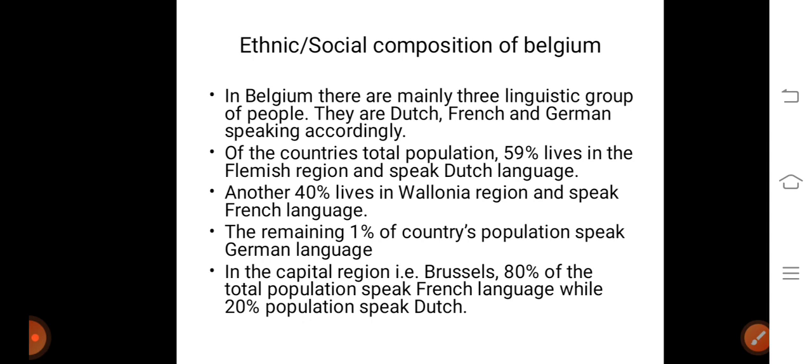What we can see from this information is that though the Dutch speaking people are a majority in the entire country, they are a minority in the capital city Brussels. This is the ethnic or social composition of Belgium. Is it clear? I hope it is clear to all of you, right?